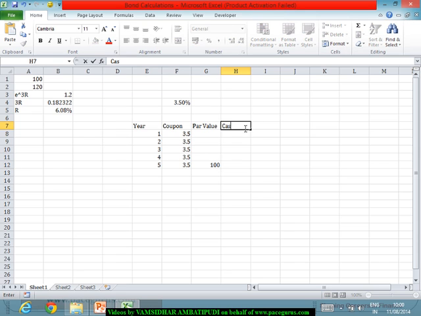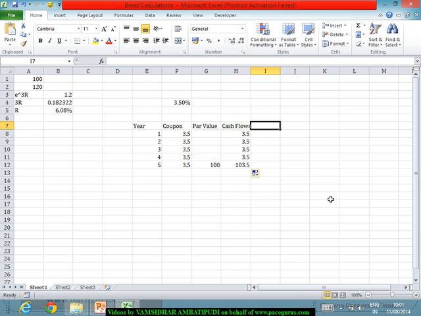So the total cash flow at the end of each year is the coupon value plus the par value. 3.5 is going to come at the end of the first year, 3.5 at the end of second, third, fourth and fifth.